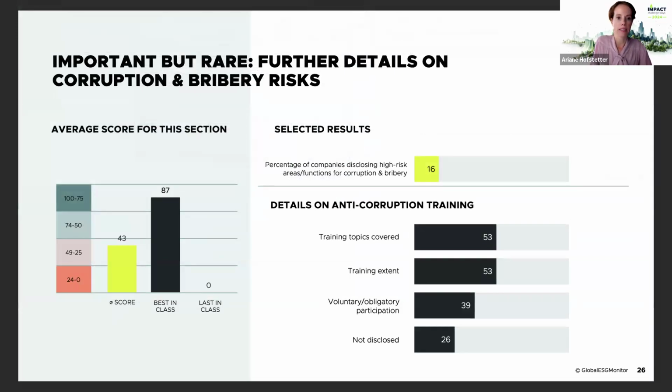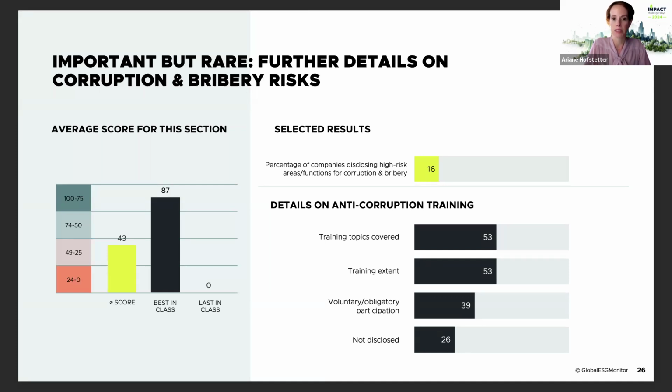Next topic is anti-corruption and bribery. And on the left side, you see the average score for this section, which is 43 points out of 100. So we are in the second quartile for this. Best in class reaches 87, last in class 0 points. And on the right side, we have displayed two details for this section.